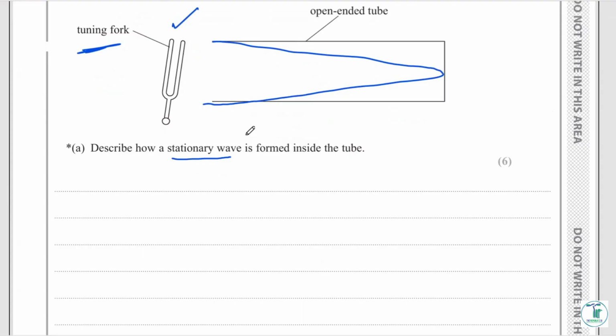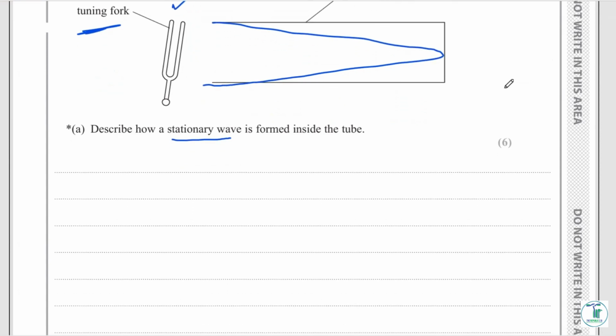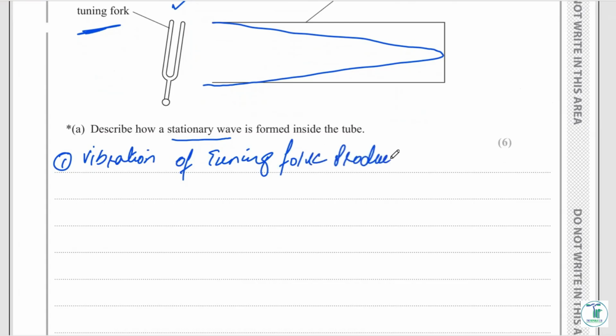We need to talk about how a stationary wave is formed inside it. The 6-marker question, you need to write every detail. So first of all, just tell them how the waves were produced, right? So first of all, vibration of the tuning fork produces sound wave.